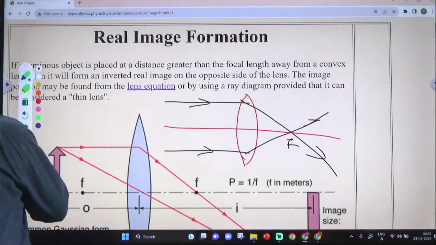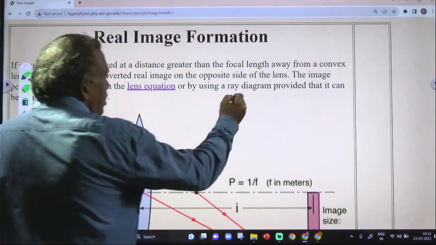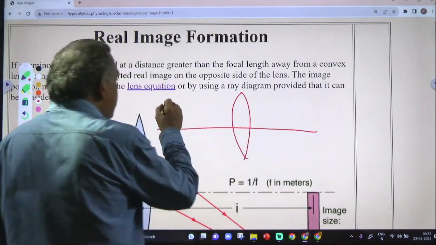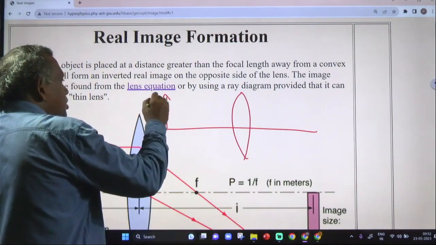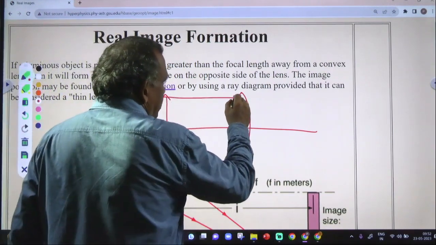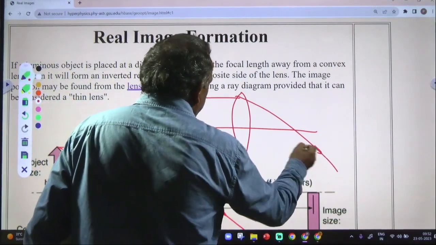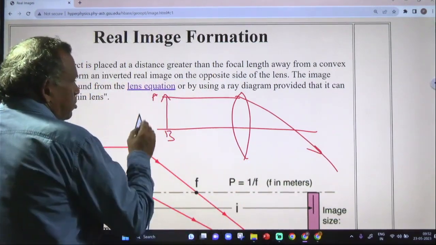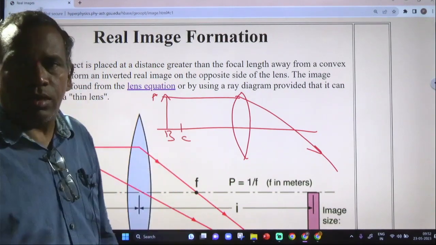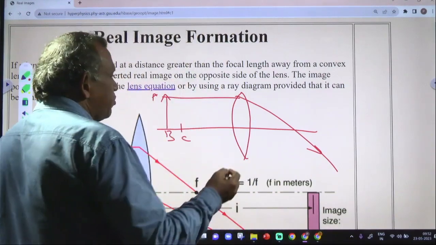In another case, take the convex lens and the principal axis, with AB as the object. The ray parallel to the principal axis bends, and another light ray passes through. Now the object is beyond the center of curvature. Where will the image be formed?